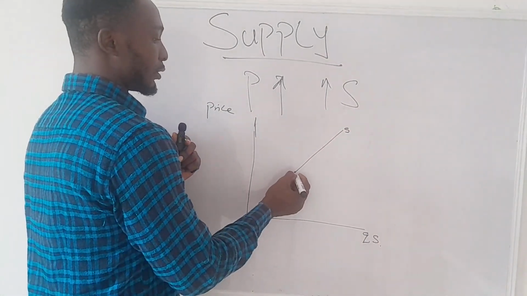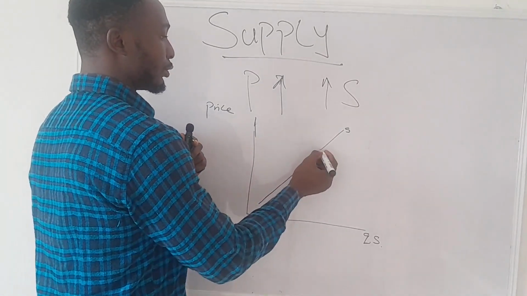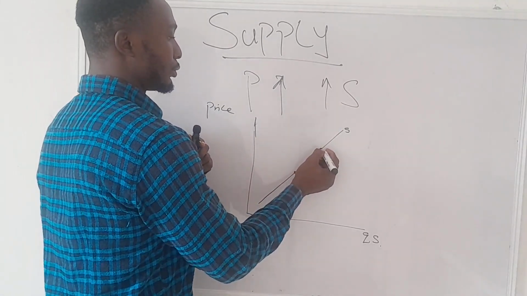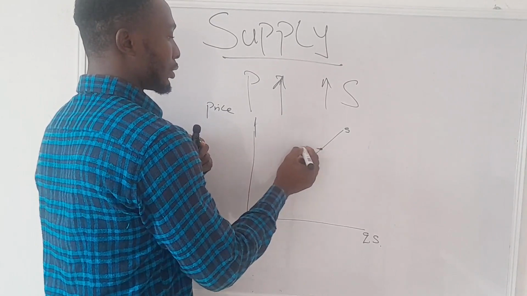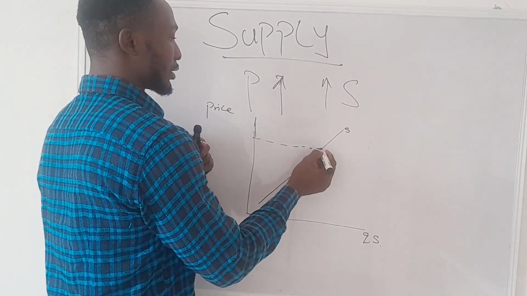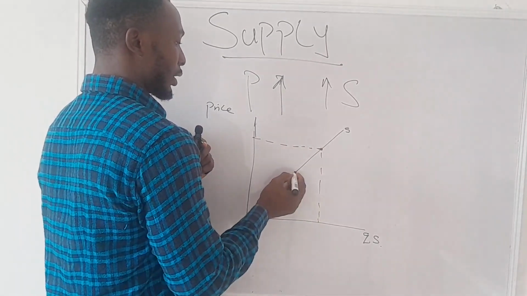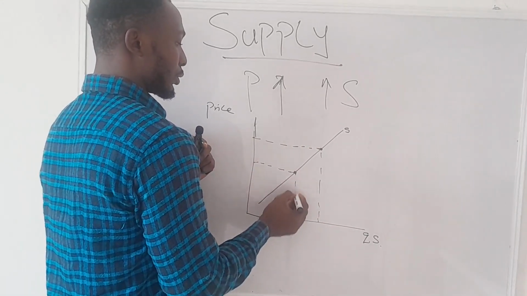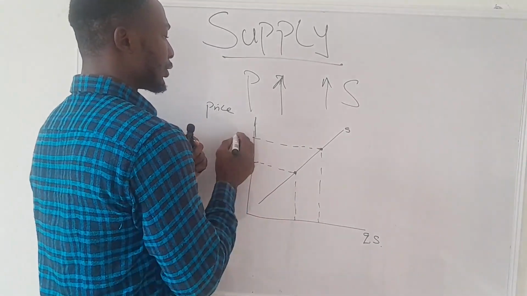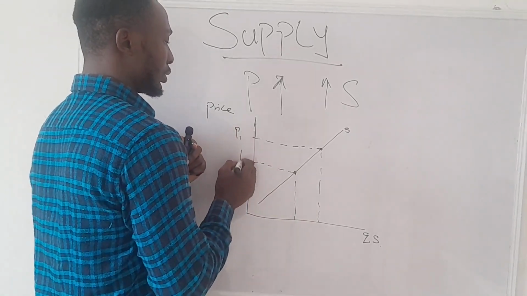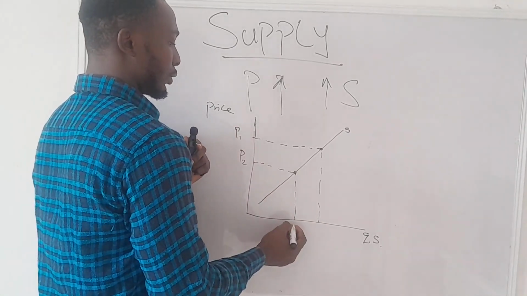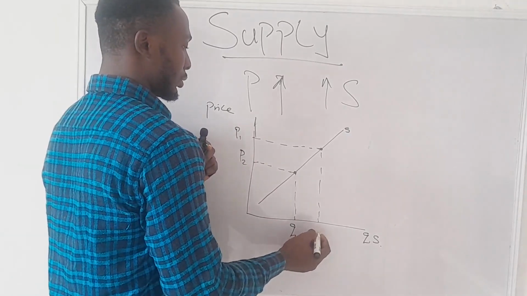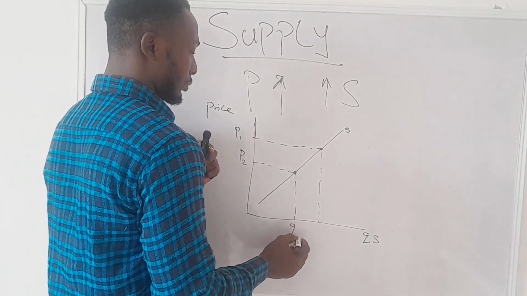We can identify any point on the graph, just identify coordinates on the graph, trace it to the price axis and the quantity axis, do the same for the second coordinates, and then we can name these price one and price two, and quantity one and quantity two.